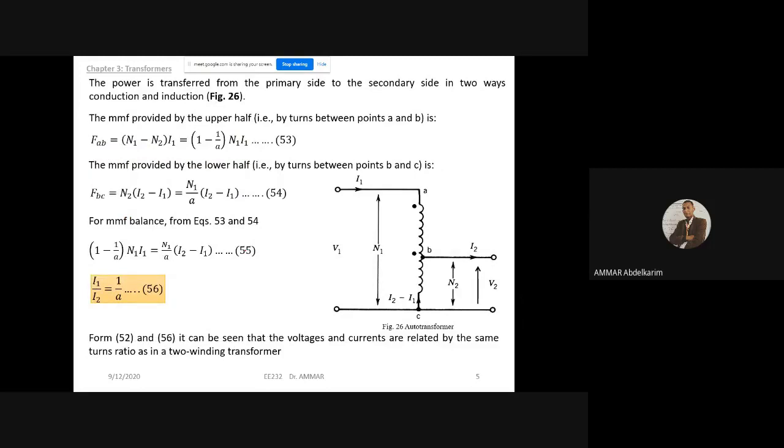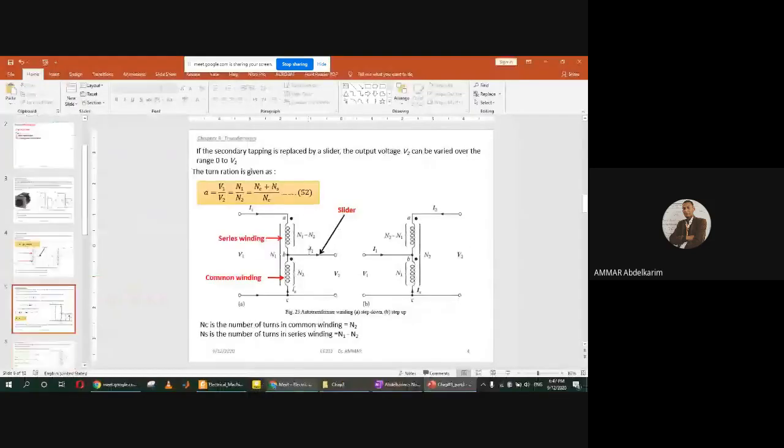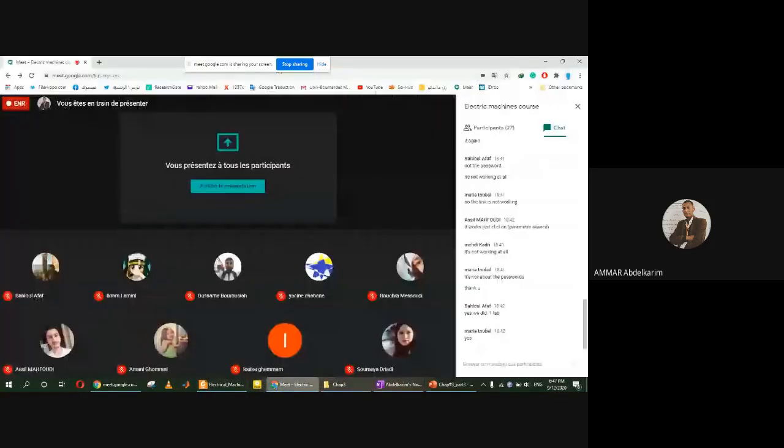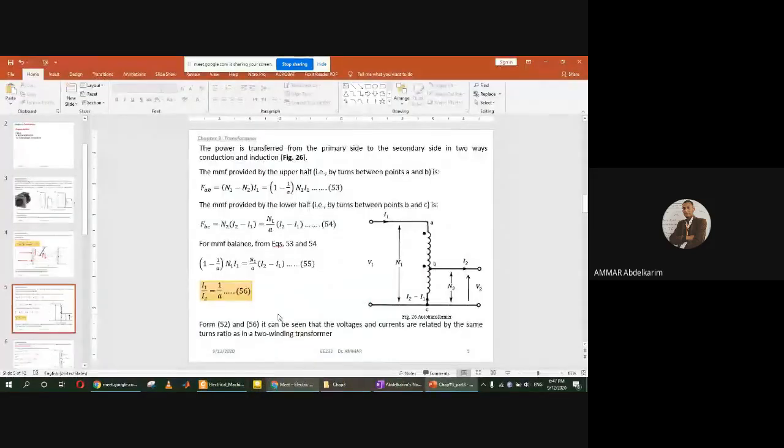However, in the auto transformer, since the primary and the secondary are not isolated... okay, so before, let's remind. We said in the conventional transformer, what is the principle of operation of the transformer?